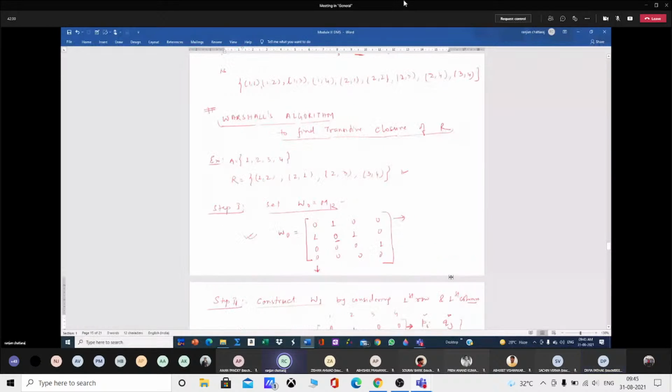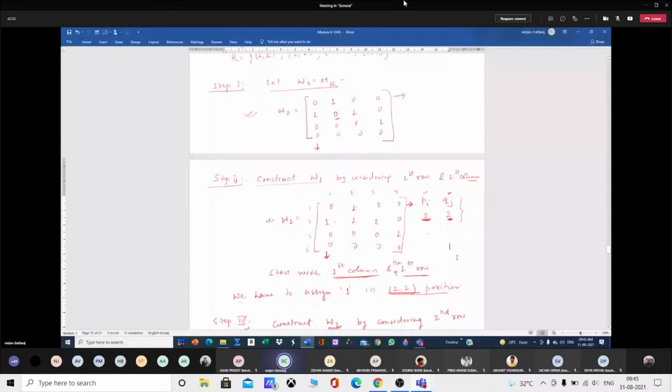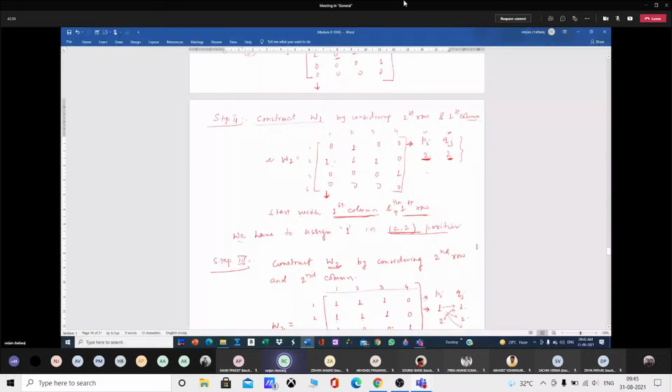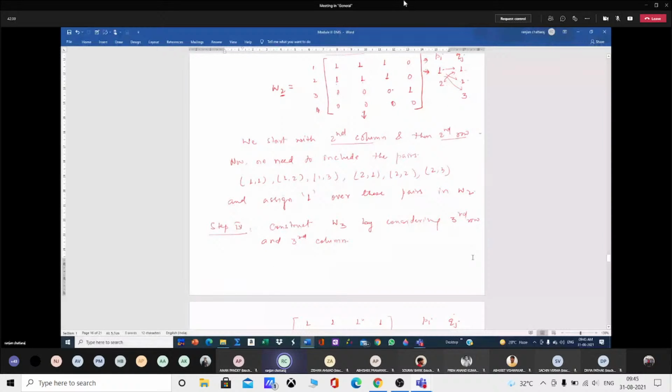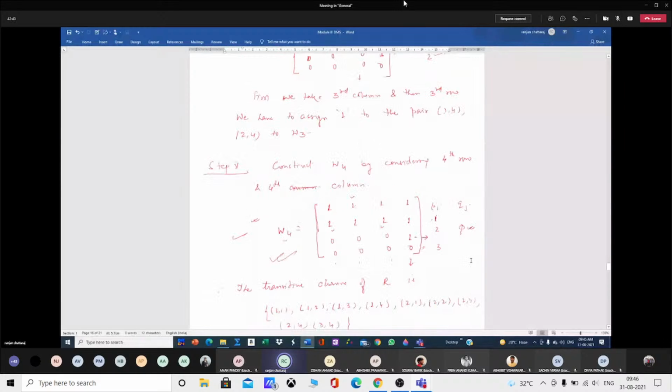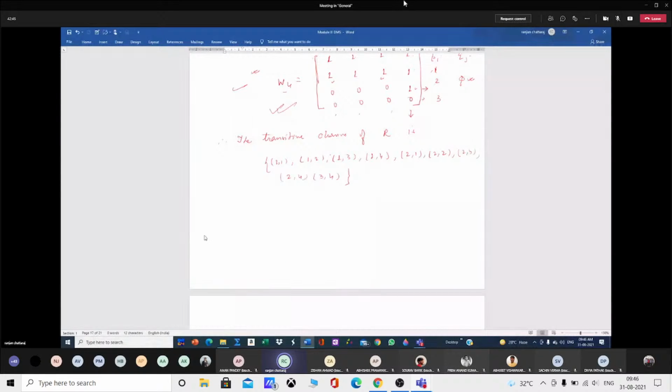Now consider a problem from the book by Kenneth Rosen. You can see questions number 25 and 26 on page number 498.